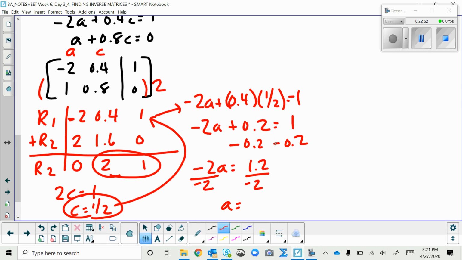I'm going to get caught up here in just a second. So 1 minus 0.2 is 0.8. And half of 0.8 and negative is negative 0.4. My apologies. So this is just going to hang out here. I've got A and C. Let's go back up and get B and D.